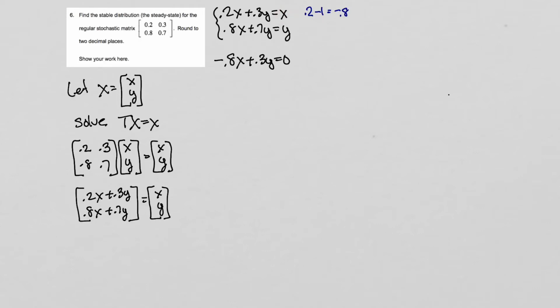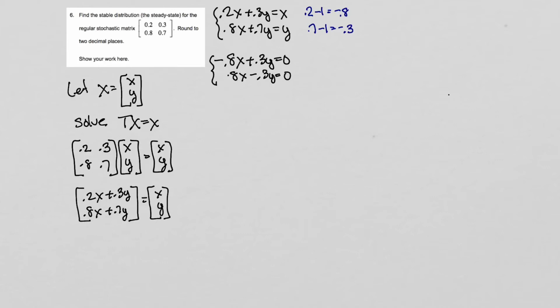And in the second equation, we're going to subtract this y, so we're going to get 0.7y minus 1y. What we're looking at here is 0.7 minus 1, which gives us negative 0.3. So our second equation is going to be 0.8x minus 0.3y equals 0.